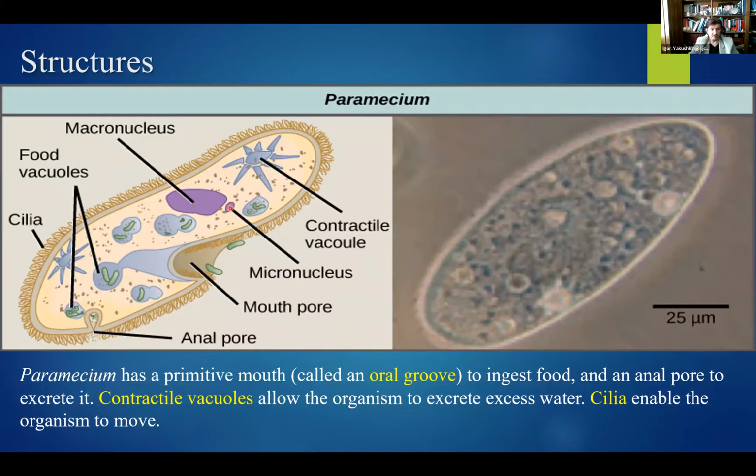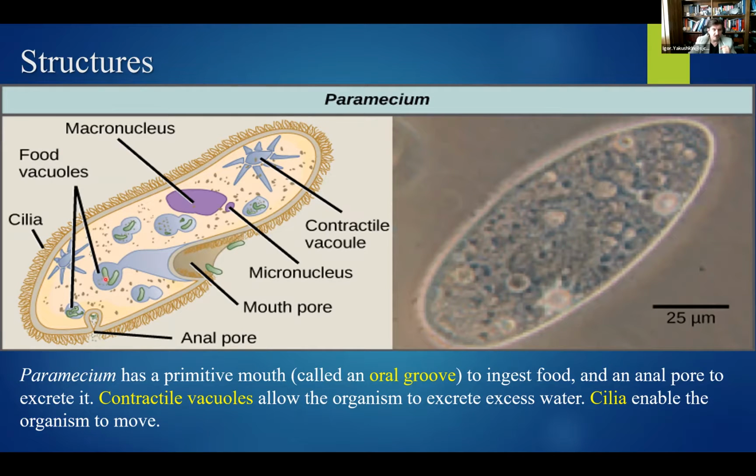This Paramecium is moving really fast. It has something known as a mouth. Whenever it moves, it's scooping bacteria, smaller algae, and smaller protists inside. Whenever it gets in, the food will be surrounded by the plasma membrane, and now we end up with a vacuole which contains food.